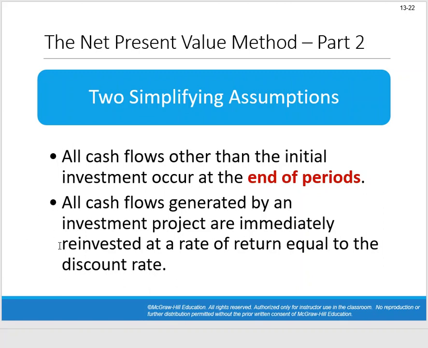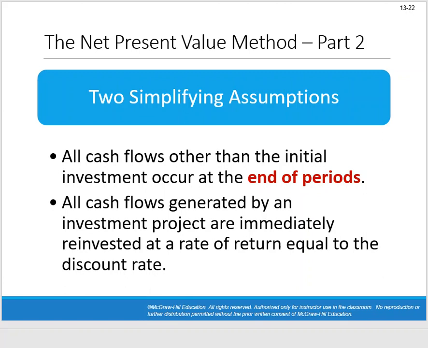But the second one, what they're saying is that any cash flow, any idle cash that we receive back would be immediately reinvested at a rate of return equal to the discount rate. That might be hard to actually accomplish, but again, we don't have any other way of doing this. So it's the assumption that we're given, and that's what we have to work with here.